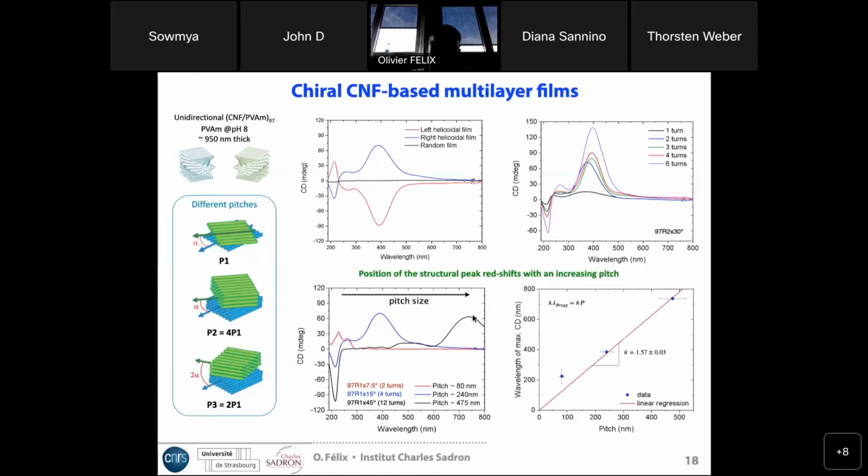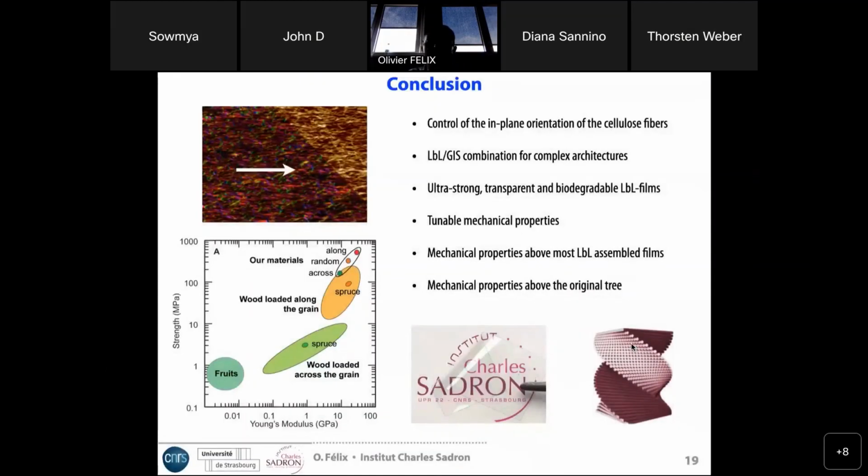And if you plot this maximum as a function of the pitch, you will see that the position of the CD peak is redshifted linearly with the pitch, as predicted by the Bragg law. And from the slope, you can extract the refractive index, and this refractive index is in agreement with what we used for ellipsometry.